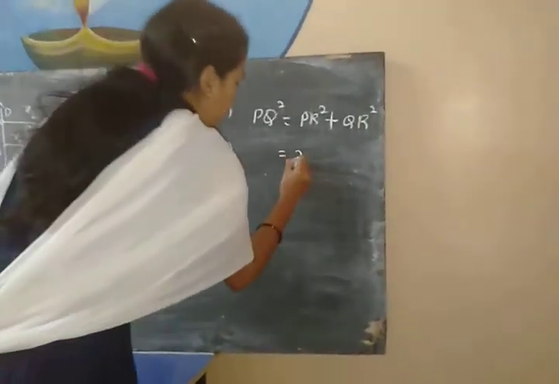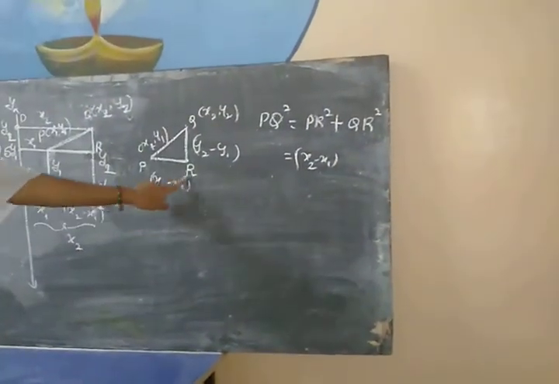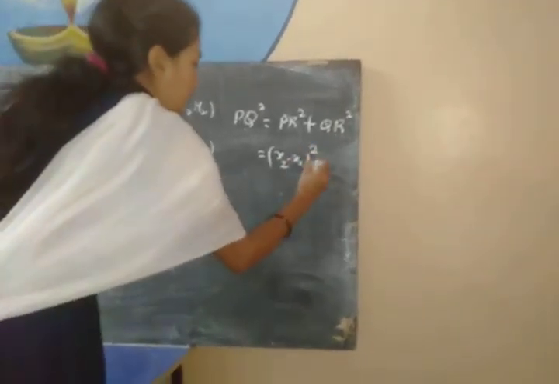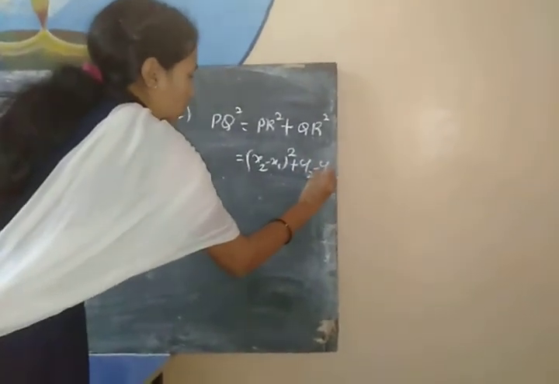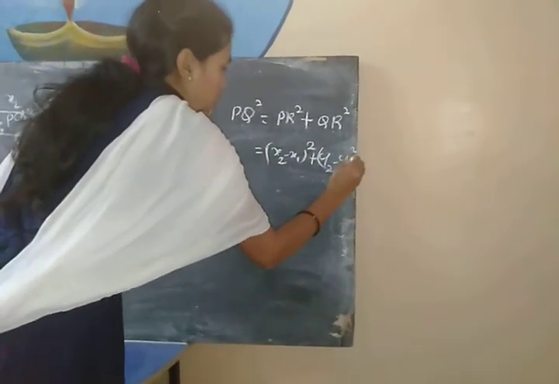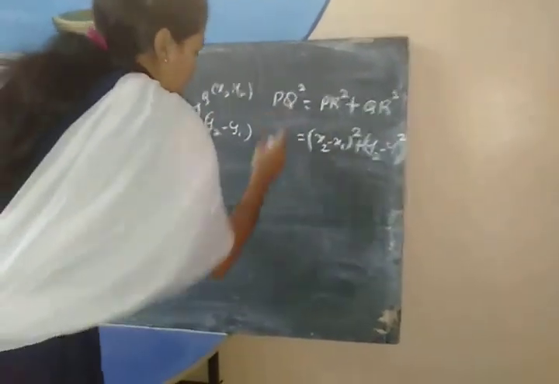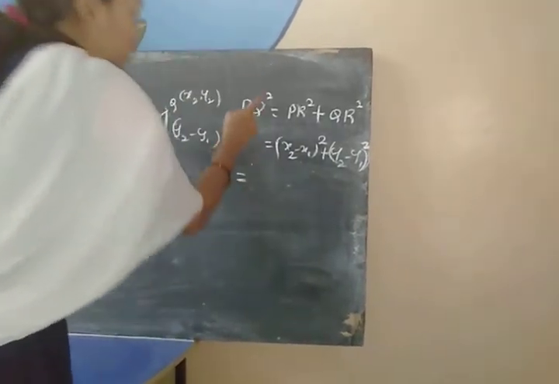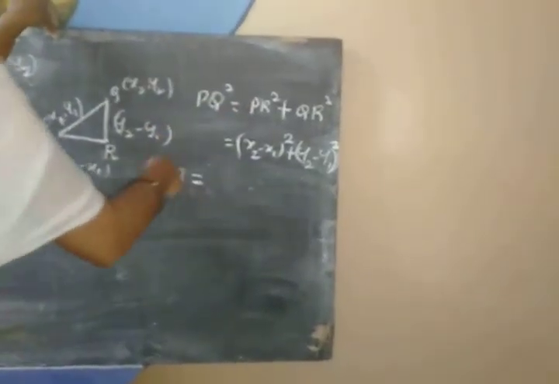See here, PR is x2 minus x1 whole square, plus QR is y2 minus y1 whole square. So here is PQ square. Shift the square to the right hand side, and the square becomes square root.